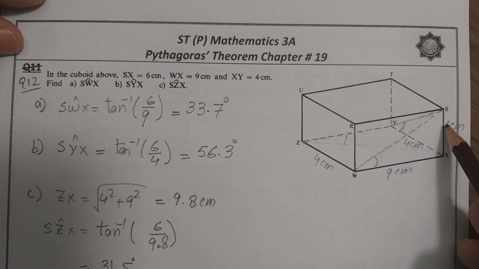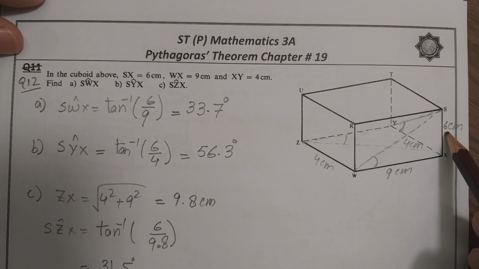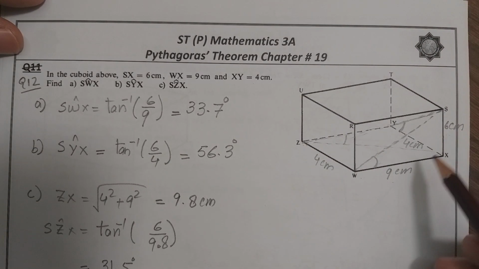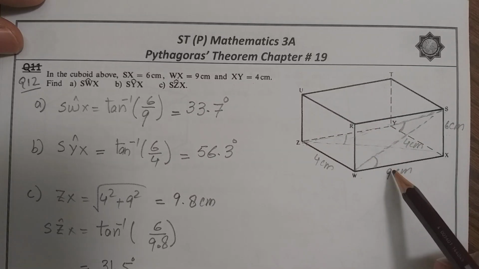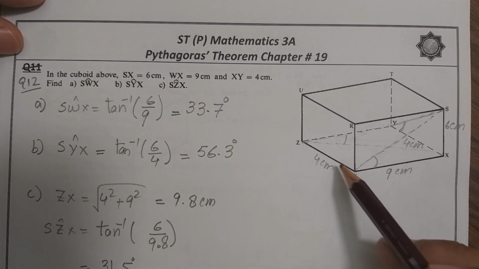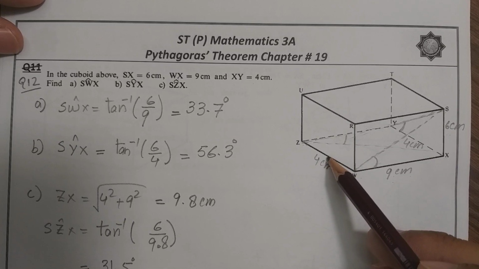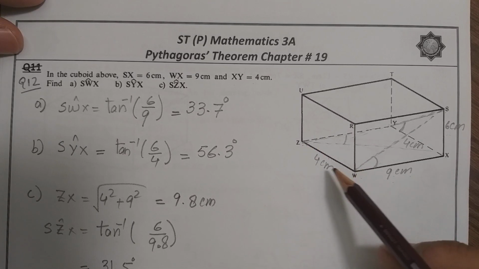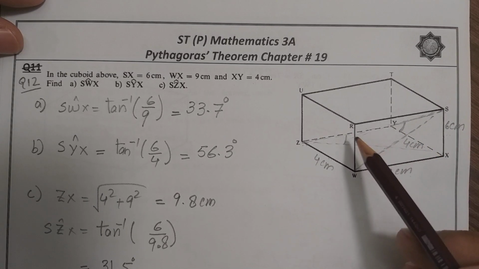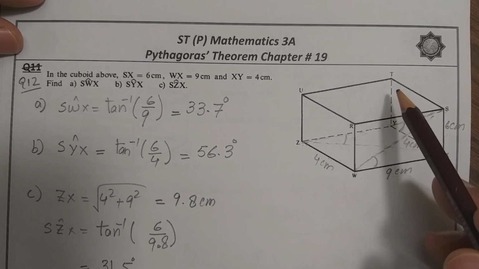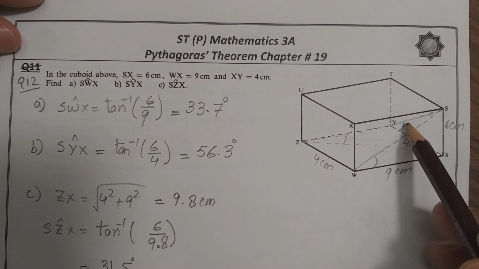The side, which is called the height of the cuboid, all are equal with 6 centimeter. The length of the cuboid is 9 centimeter, so all those sides are equal to 9 centimeter. And the width or the breadth is 4 centimeter, so it means ZW equals 4 centimeter, YX equals 4 centimeter, UR equals 4 centimeter, and TS equals 4 centimeter. They are all equal.